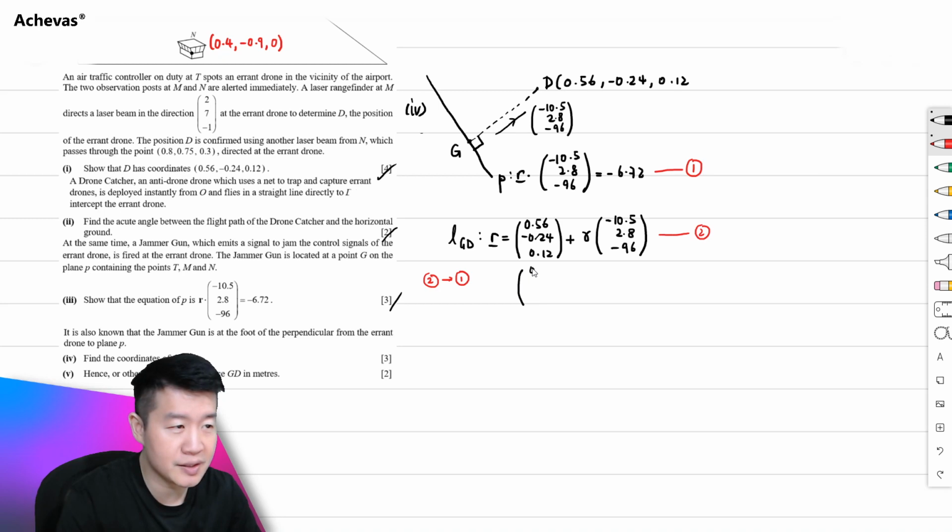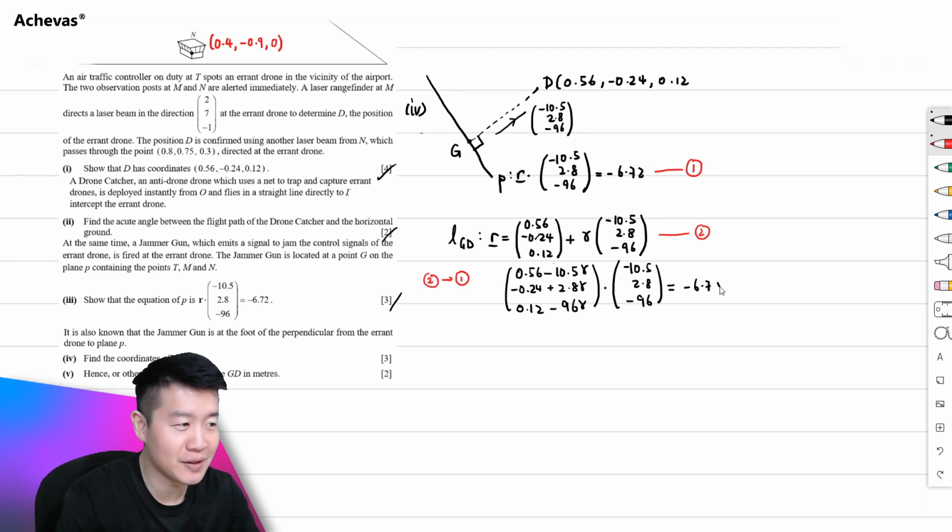So it is going to be (0.56 minus 10.5 gamma, negative 0.24 plus 2.8 gamma, 0.12 minus 96 gamma), subbing into here, dot (-10.5, 2.8, -96), this is minus 6.72.